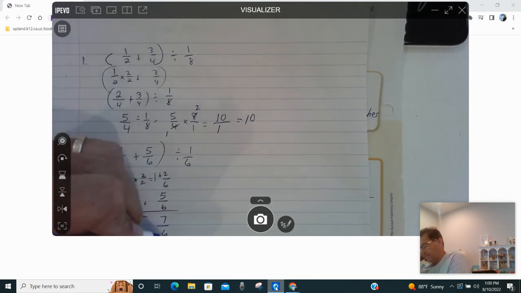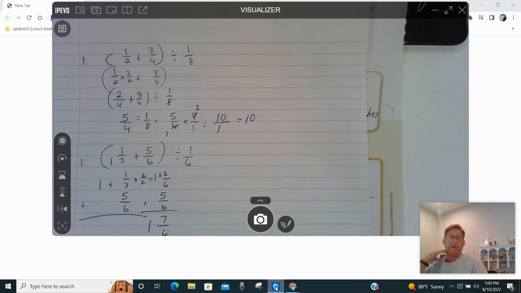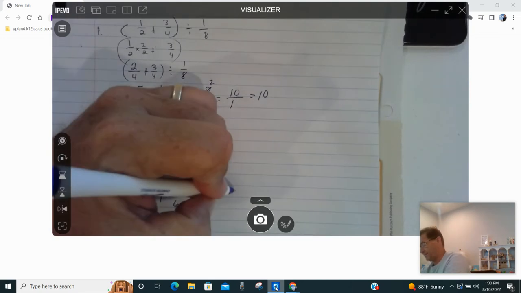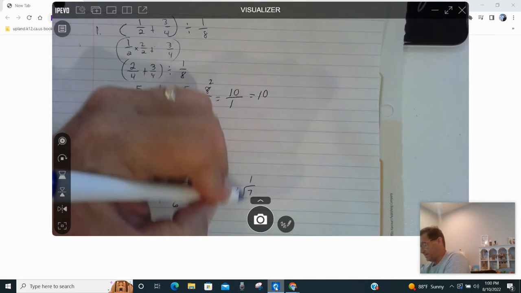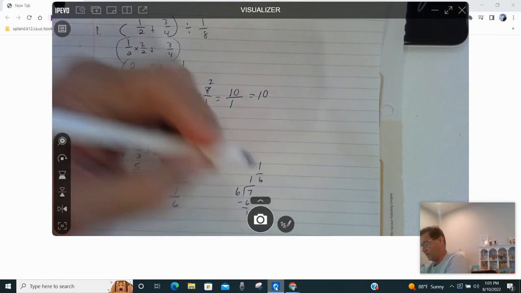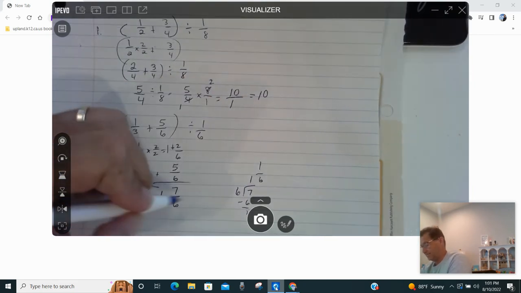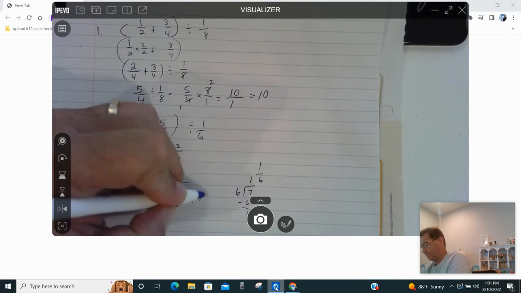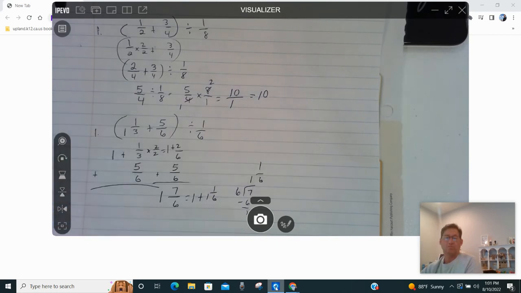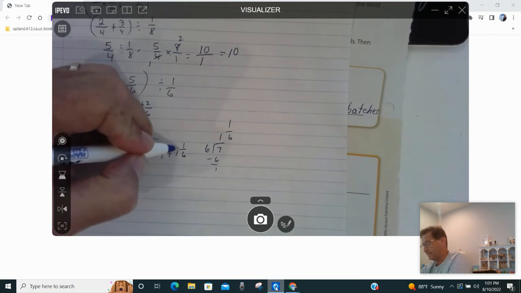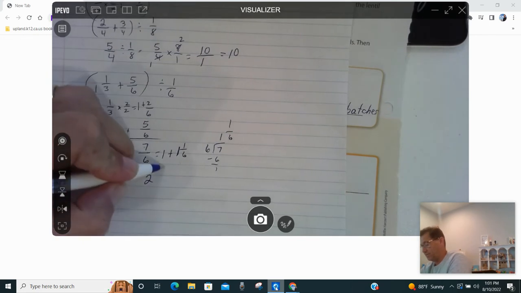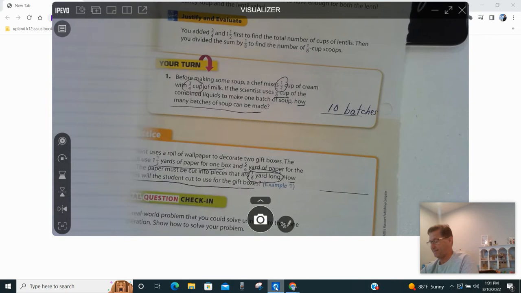So we have 7/6, which is the same as 1 and 1/6. So we change the fraction greater than 1, 7/6, into a mixed number, 1 and 1/6. So we have 2 and 1/6.